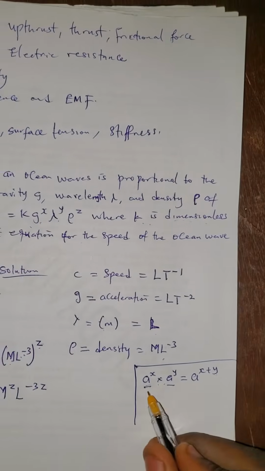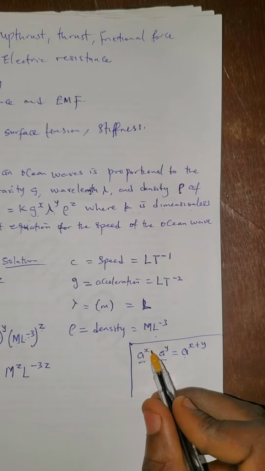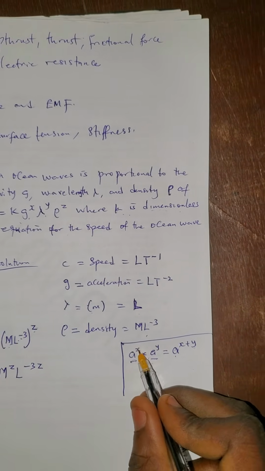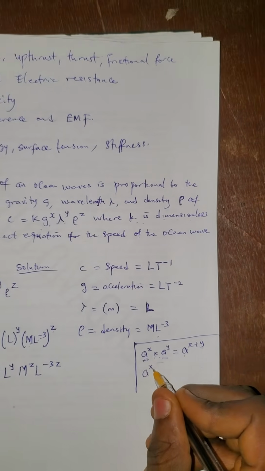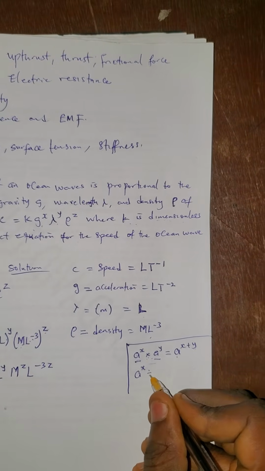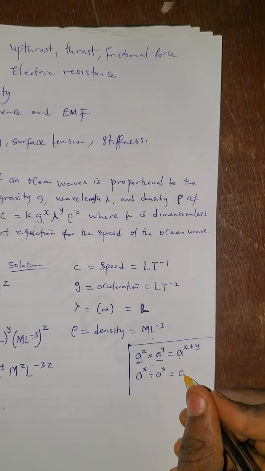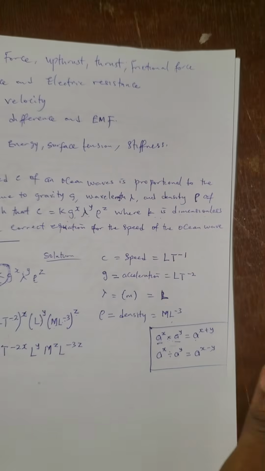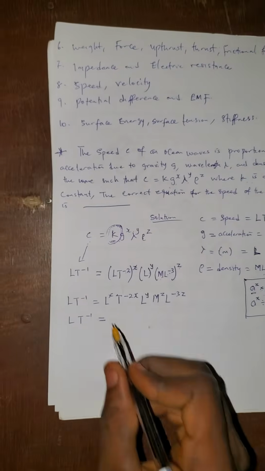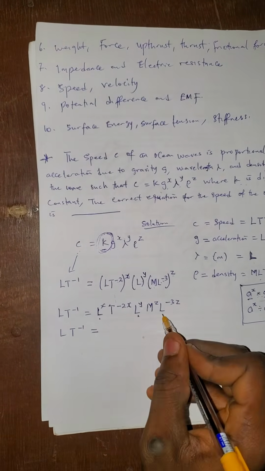If they have the same base like this, you are going to pick the base, but it should be raised to the power of the first power, then plus the second power, because it is multiplication. But if you have a raised power x divided by a raised power y, since it is division, then this becomes a raised power x minus y. So this is the law of indices that we are going to be using here. So you have one L here, and another L is here, another L is here.